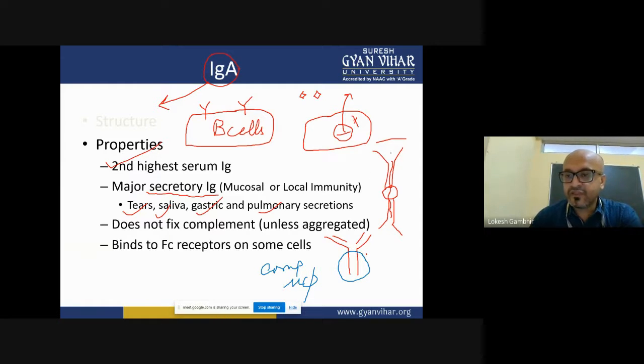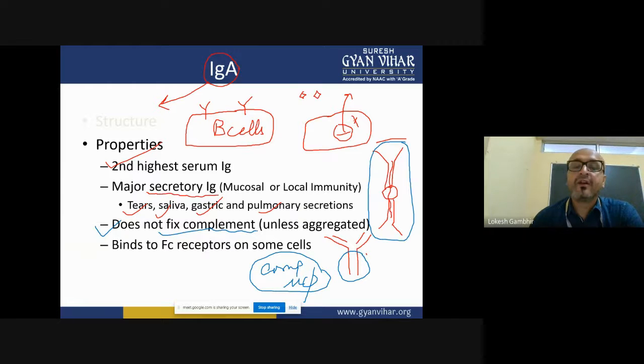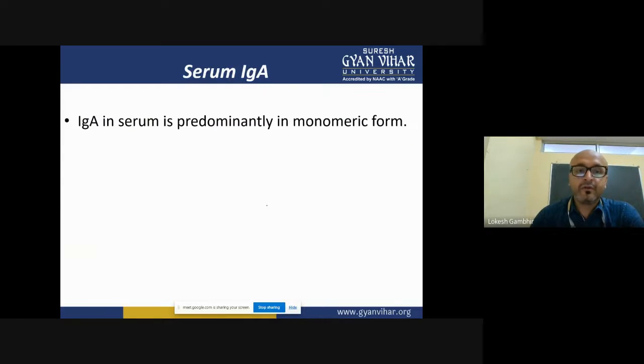Now, you see this IgA structure, and this particular region is not free to interact with these cells. That is the reason it is not able to activate the complement pathway under normal condition. When it gets aggregated, only then it might activate.